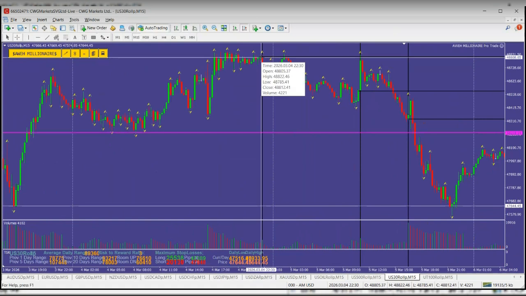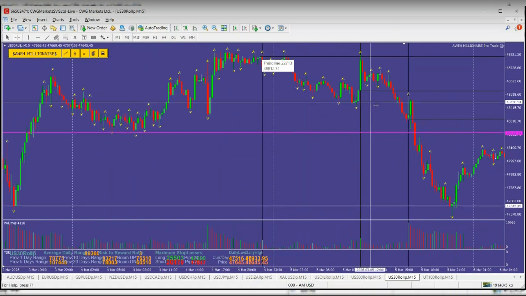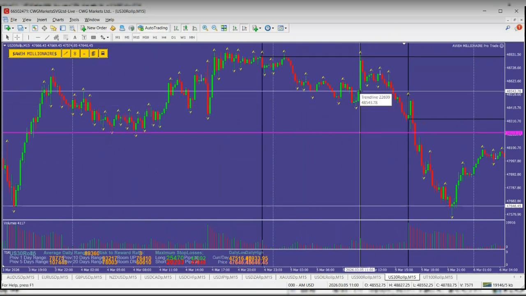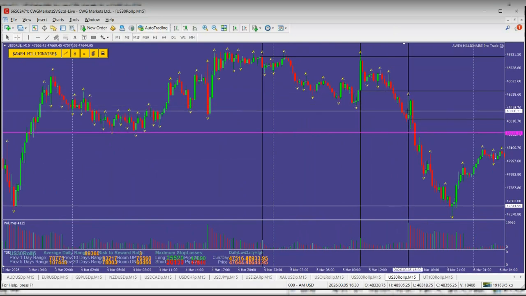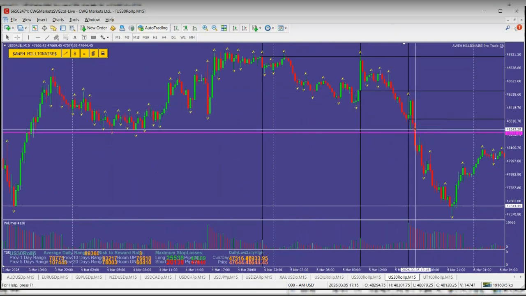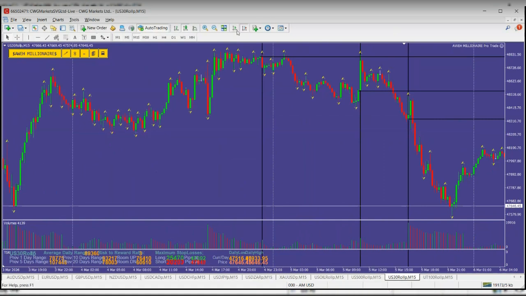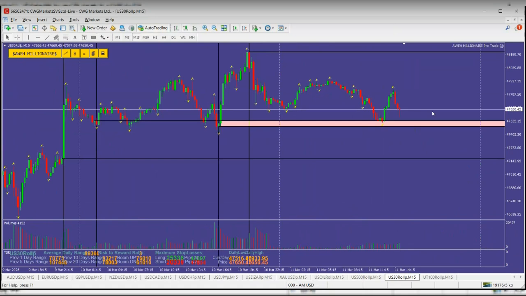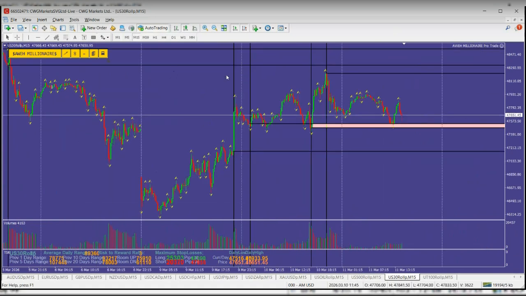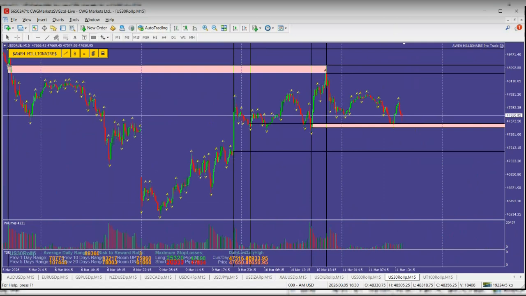Yeah. So there we go. So here we've got a level of supply where price pushed down with high volume. Here price consolidated before pushing down, and here where price pushed down with a high volume as well for our supply level. So now if I go back and zoom out a bit, all right, so basically what I have here is this high here, and this one over here is the zone.